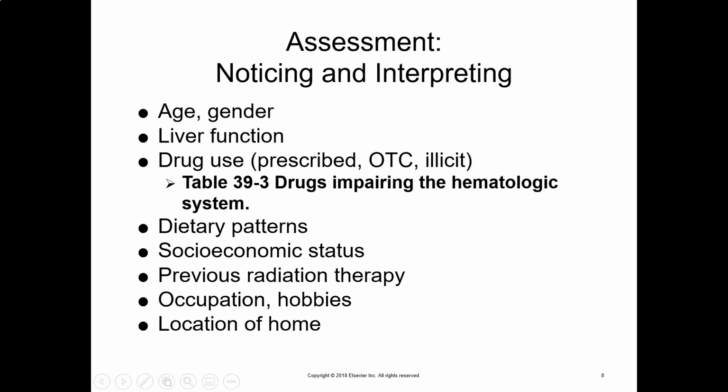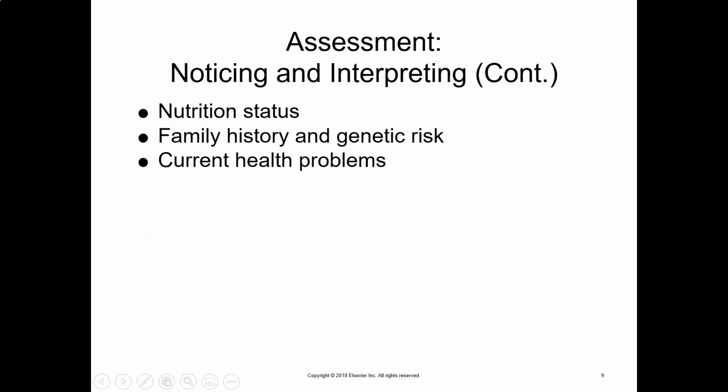I am not going to go in, even though I mentioned the table. Just know that there are drugs that impair the blood system. Okay, good. We already talked about making sure that we look at their nutritional status, family history, and any current health problems that they may have.